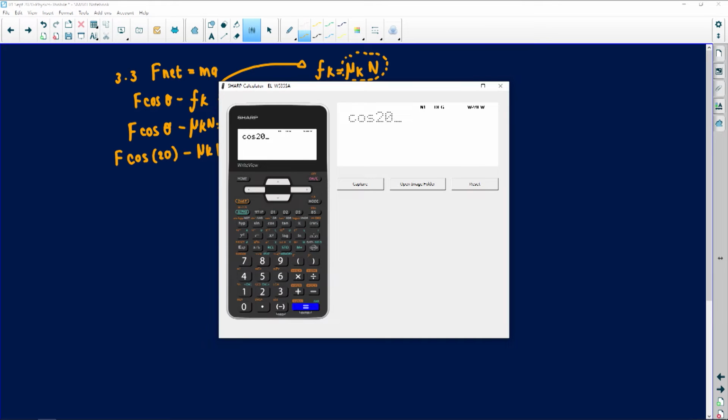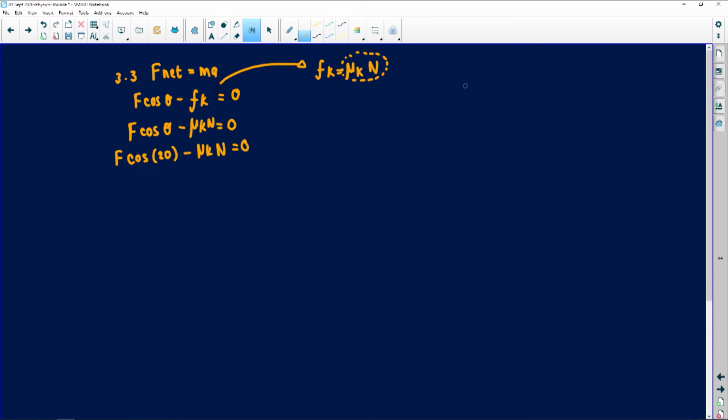Cos of 20 gives me 0.94. I'm going to take it to 2 decimal places. The number after the 3 is a 9, and if the number is 5 or greater, it will change the next number into a 4. So here I'm going to have 0.94 F, since I still don't know what F is, minus. Now they gave me the coefficient of kinetic friction, which is 0.4.